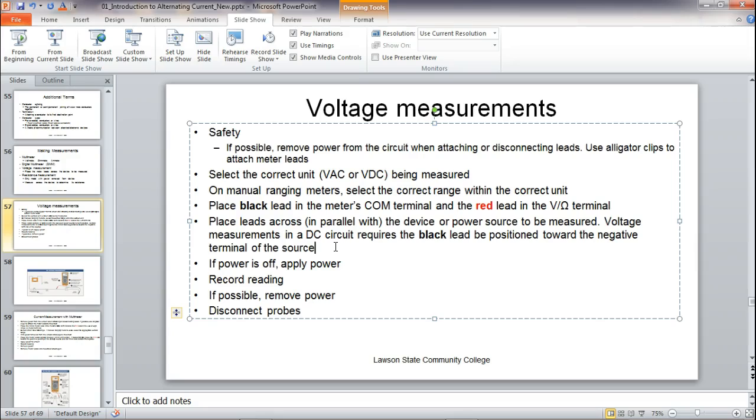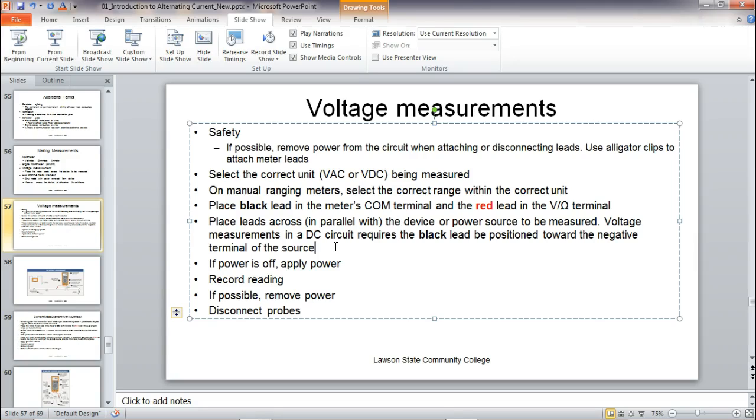If you put the black lead toward the positive terminal of the voltage source and the red lead toward the negative of the DC voltage source, it would measure a negative voltage. It would be the same as measuring positive, it would just show the polarity reversed.